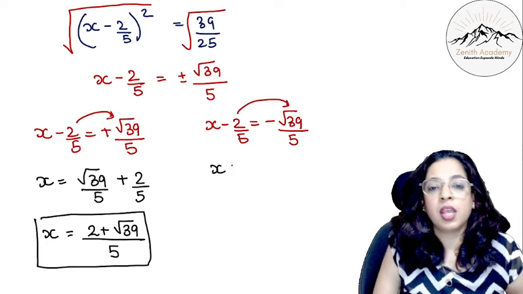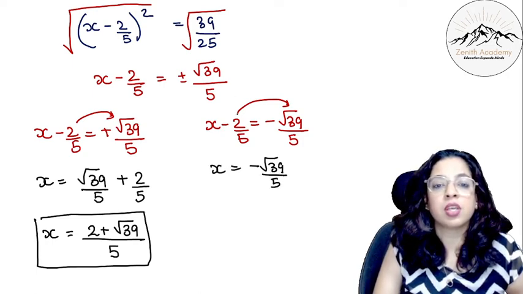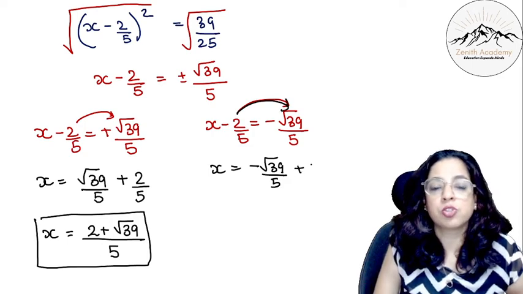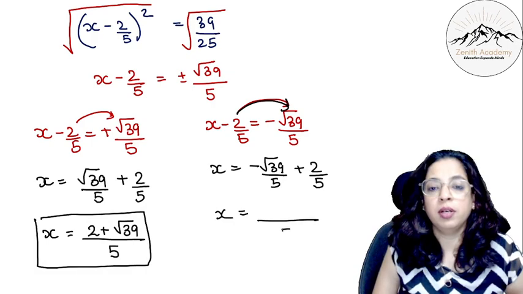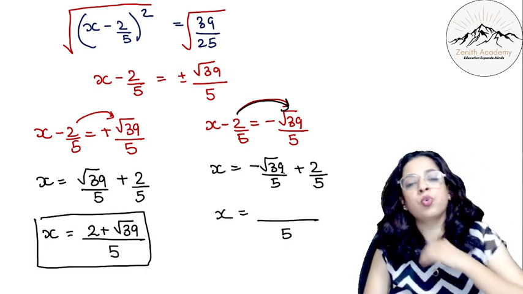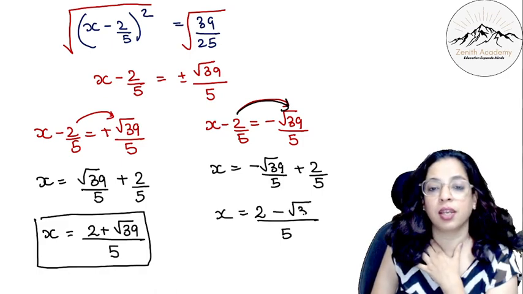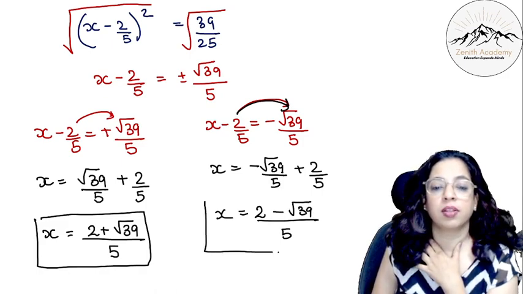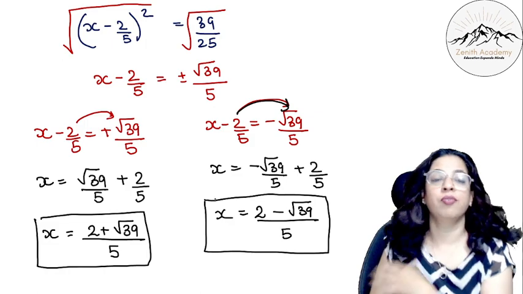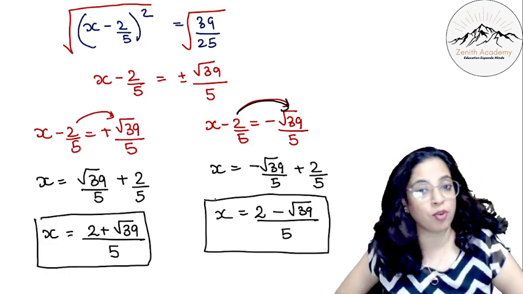Next here, x is equal to minus root 39 by 5. If this comes here, it is plus 2 by 5. So 5 is the common denominator. So either write minus root 39 plus 2 or plus 2 minus root 39. So these are the two values of x that we have got.